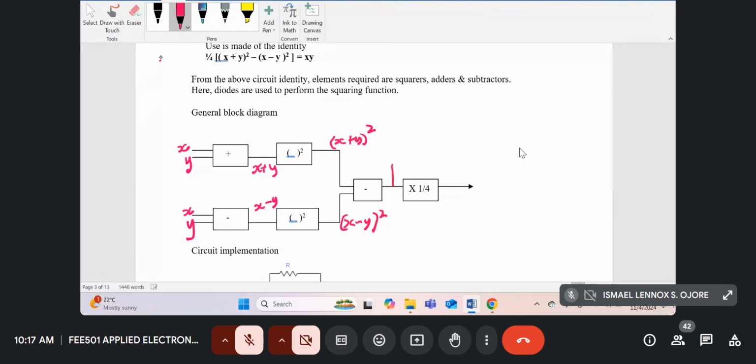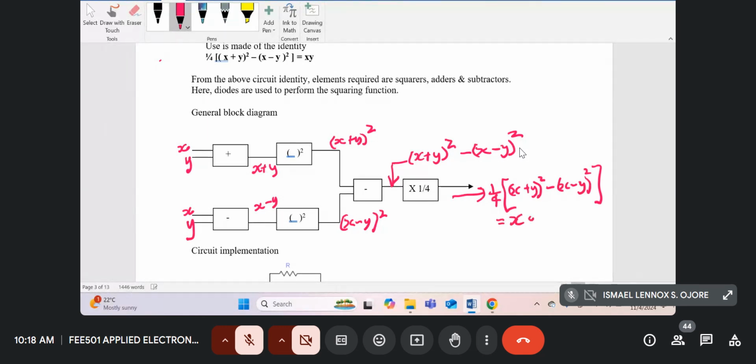And here, you're going to get (x plus y) squared minus (x minus y) squared. And then at the output here, you're going to get 1/4 of (x plus y) squared minus (x minus y) squared. And this will be just equal to xy.